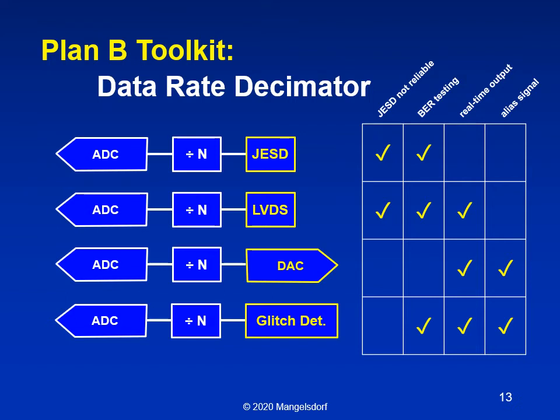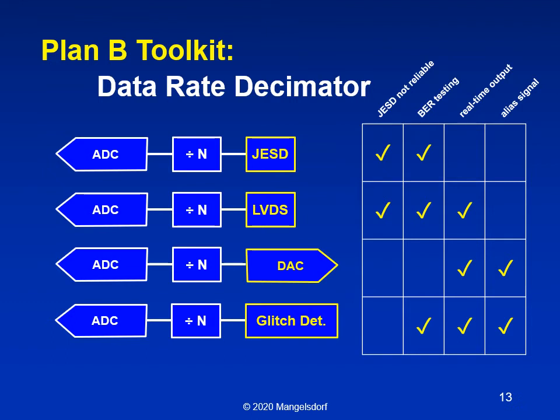Now, in high-speed ADCs, if you have to go off chip with the ADC data, you have to use something like a SerDes, like JESD204. And that has its own problems, and it may not be reliable. It in itself is a very complex and delicate analog system.